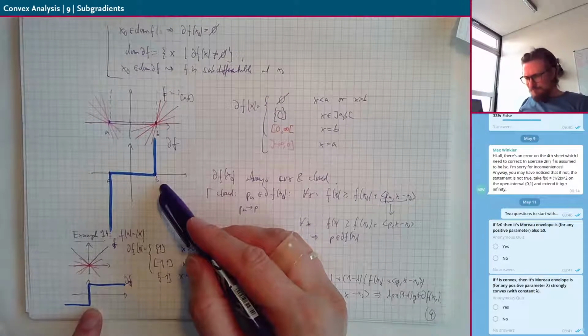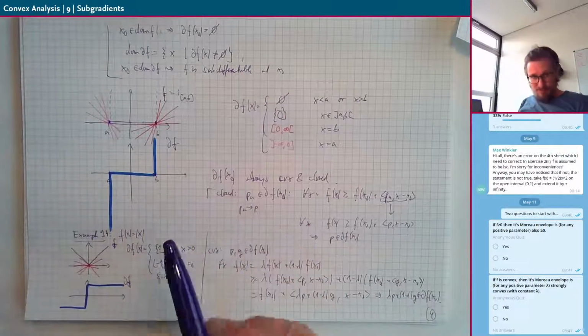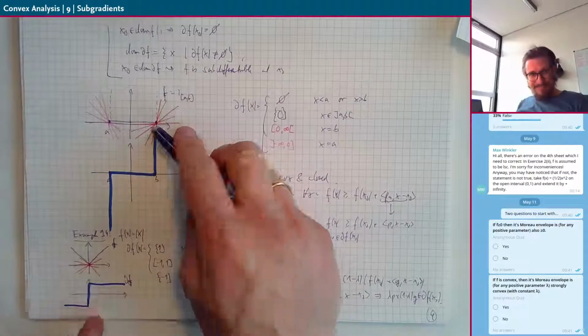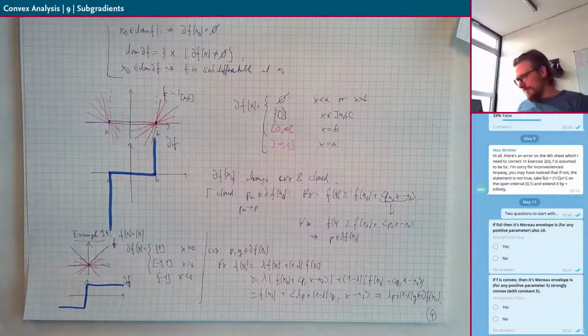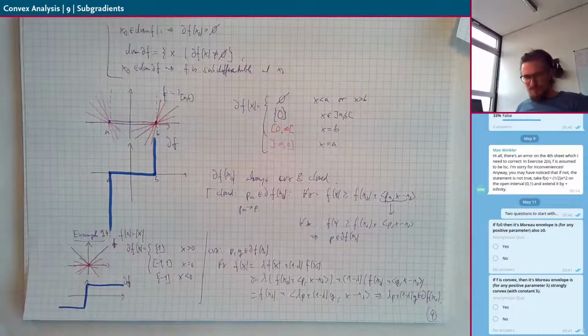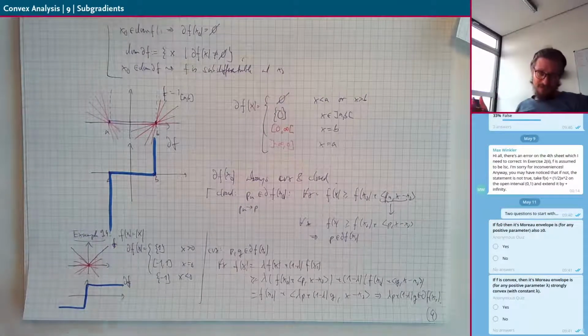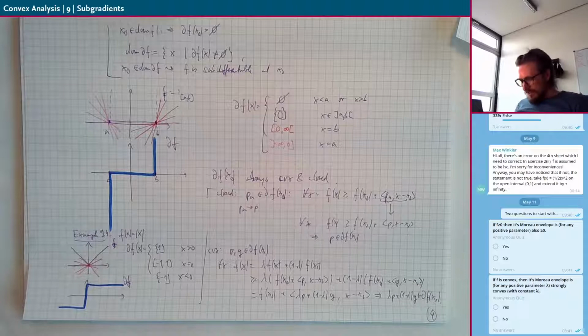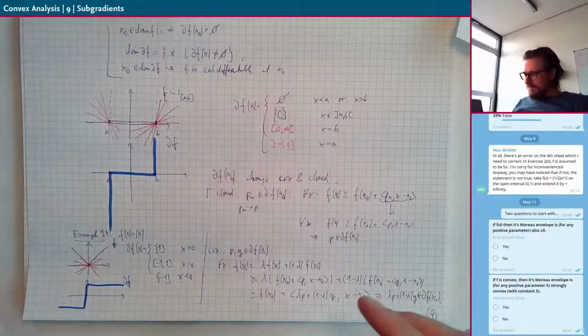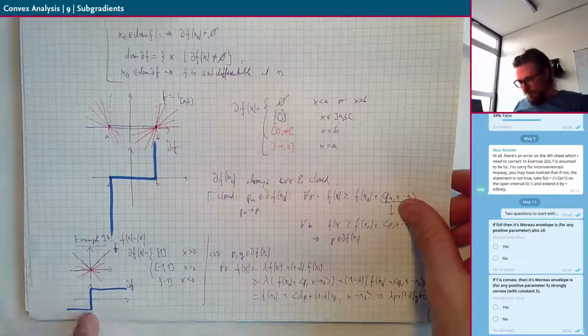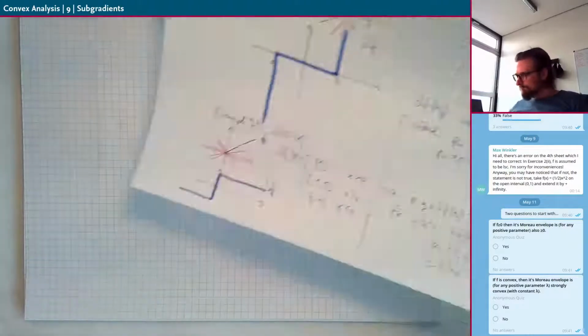We will see a deeper connection between these two functions later, probably only in the second half of the lecture, because we won't be able to treat duality of convex functions in the first half, unfortunately. Okay, so that was another example. The absolute value will be important in the following.